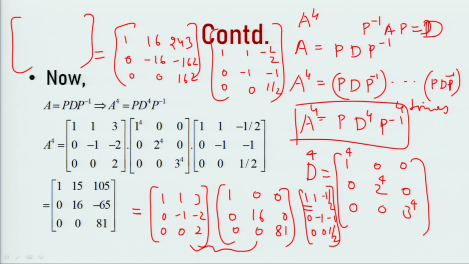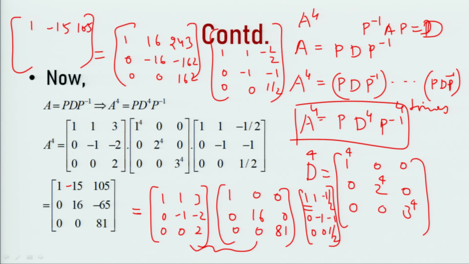The first row into the second column is 1 minus 16, which is minus 15. The first row into the third column is minus 1 by 2 minus 16 plus 243 by 2. So, we get 105.